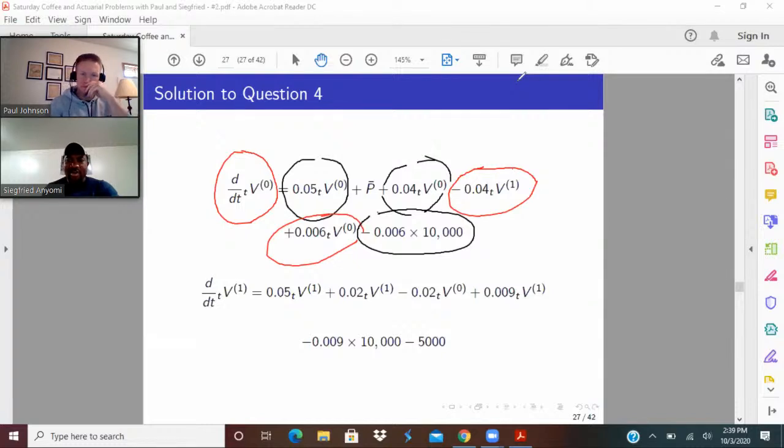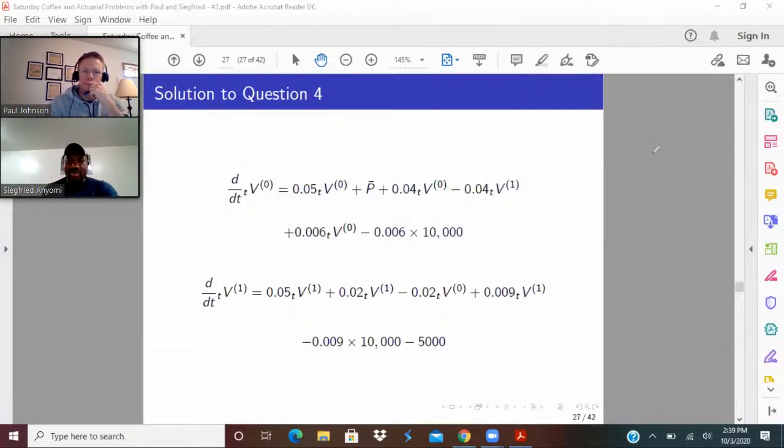So I can wipe the screen, and then we use the same analogy to estimate the expected change in the reserve in state 1, which is this guy. First thing we'll think about is the investment income. Of course, if we are in state 1, we need to be holding reserves, and interest should be earned on those reserves.